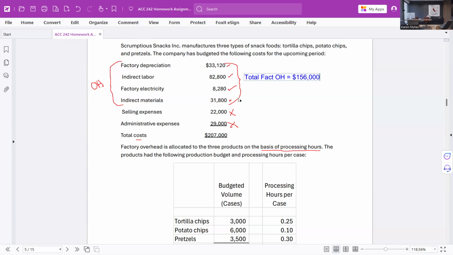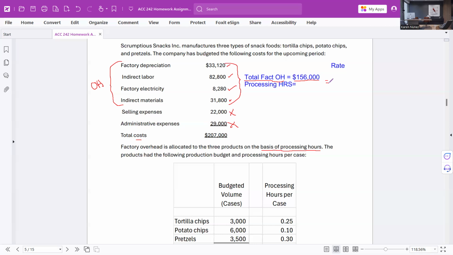And we know that what we have to do is take that $156,000 and divide by the processing hours, right? Then that will give us what we need. It'll give us our rate. That's how we get a rate. We take the factory overhead divided by the processing hours. Total factory overhead divided by processing hours will give us the rate. So how do we get processing hours?